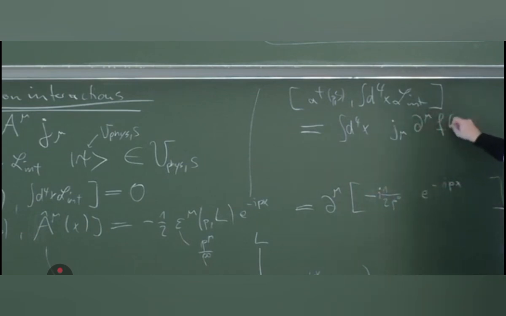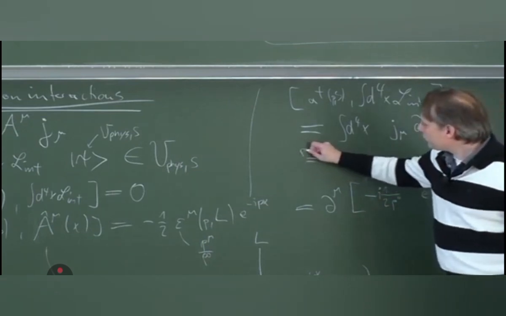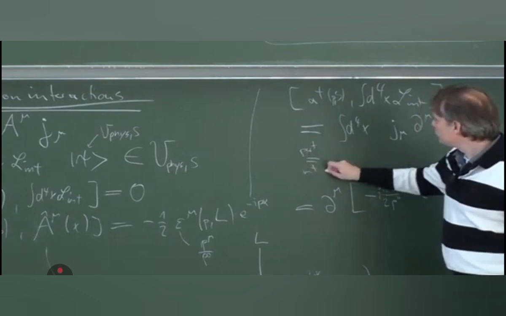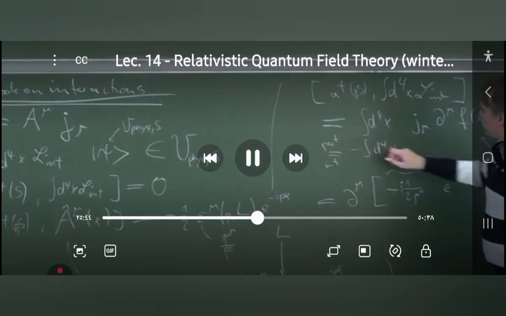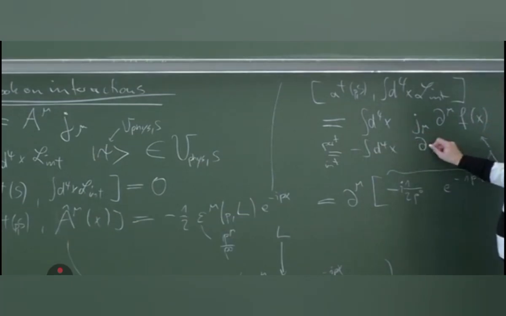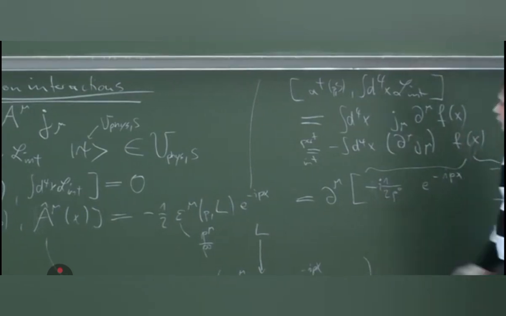Let's call it d mu of f of x, but this function is not really important. And so we can do partial integration, and then you get d4x with minus d mu j mu times f of x.